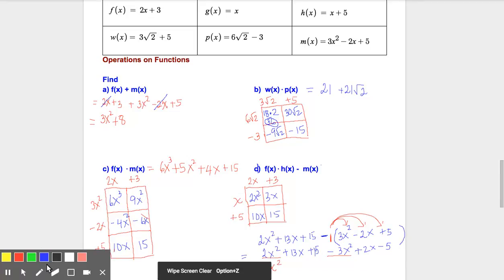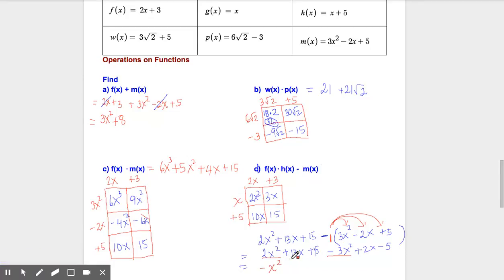X squared will be followed by the x's. And here are the x terms. 13x and positive 2x. Since they are both positive, we just combine them. So we'll have positive 15x.